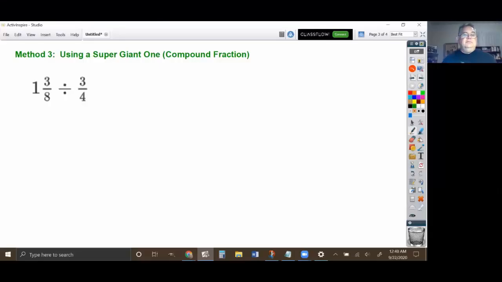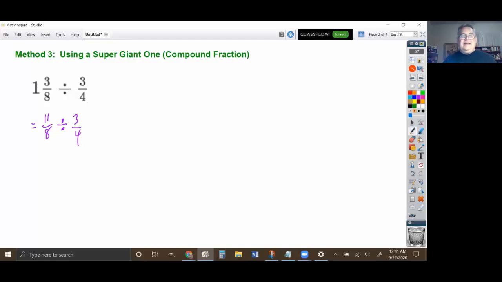Dividing fractions by a supergiant 1 is my third method here. And so what we're going to do is first start by changing this into a fraction divided by a fraction. So 8 times 1 plus 3 is going to be 11/8 divided by 3/4.